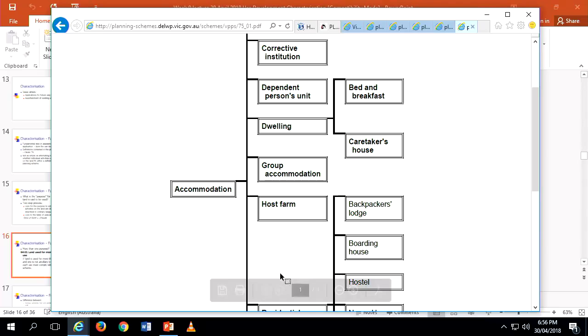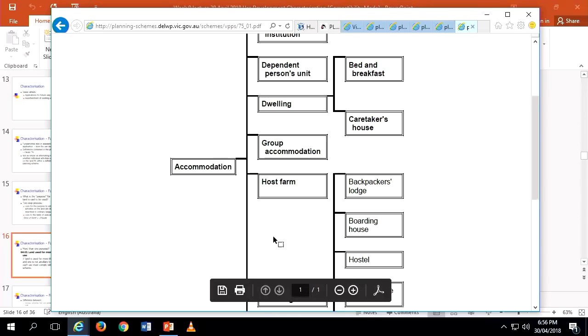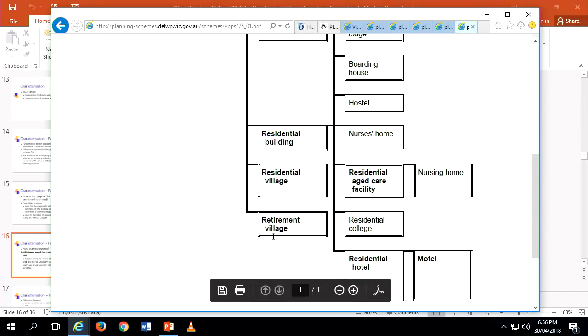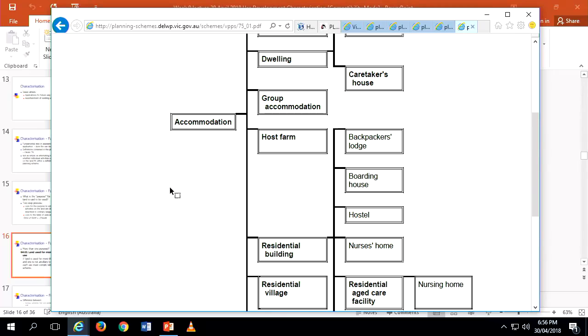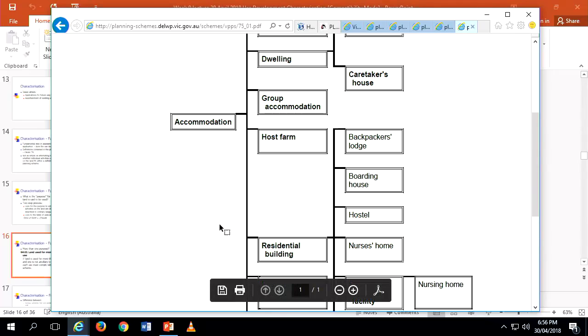Maybe you don't want a host farm going on there potentially. But generally speaking, you know, if you had the chance, you would keep the opportunities on a piece of land more open if you were thinking of the interests of that landowner, wouldn't you? Yeah? So this is talking about the land use, and if you seek a permit, it is usually a good idea to, you're seeking an actual land use under the terms of the planning scheme.